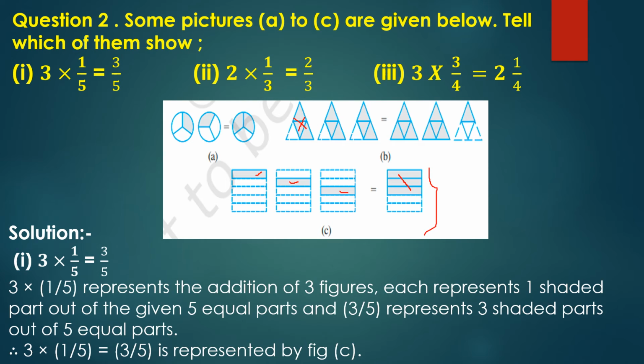So here 5 equal parts are there and 3 parts are shaded. Therefore the answer in picture C is nothing but question number 1, 3 into 1 by 5 equal 3 by 5. It is represented by the figure C.